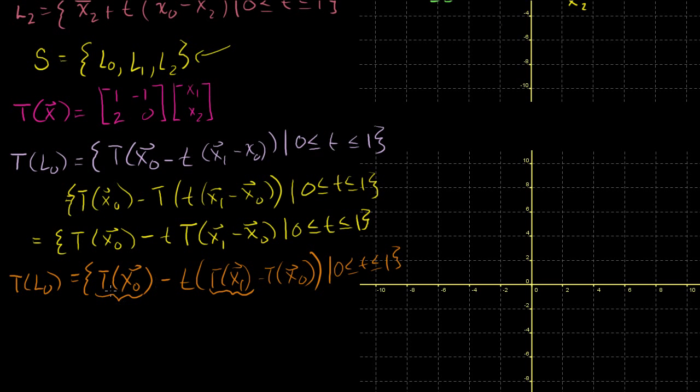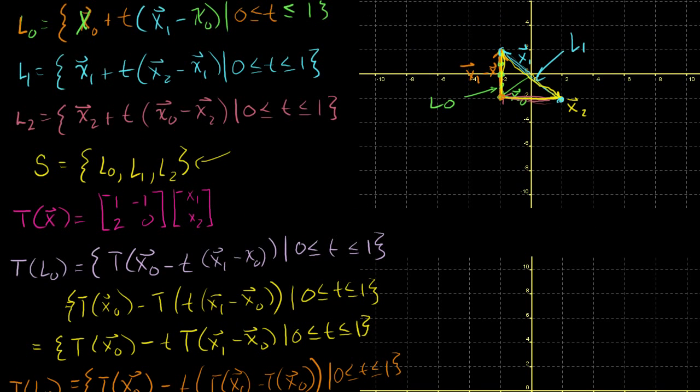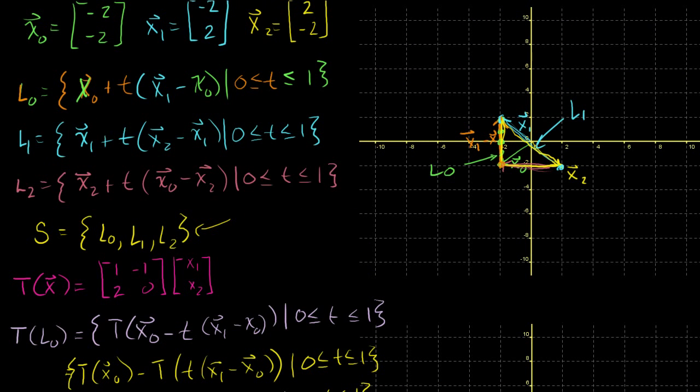Let me make this clear. What is the transformation of x naught? Let's calculate these things. So x naught was minus 2, minus 2. Let me write out the transformation of x naught so I don't make any careless mistakes: [1, 2; minus 1, 0] times [minus 2; minus 2].